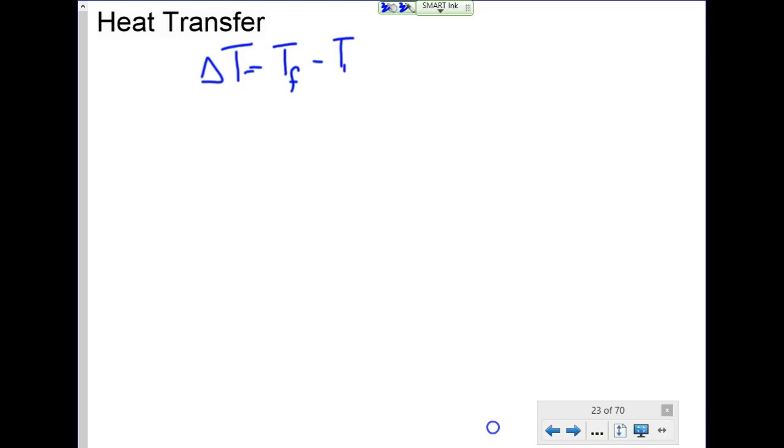The initial temperature of the statue was 25 degrees. The final temperature was 10 degrees. This is a really great example of how you come up with a negative value for a temperature change. The substance is cooling down.